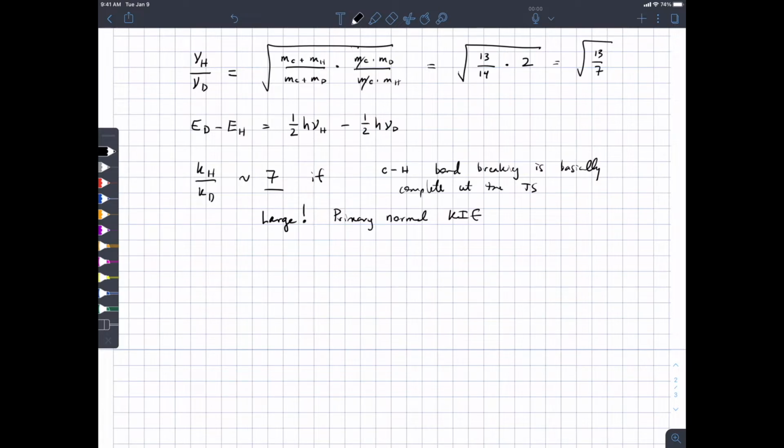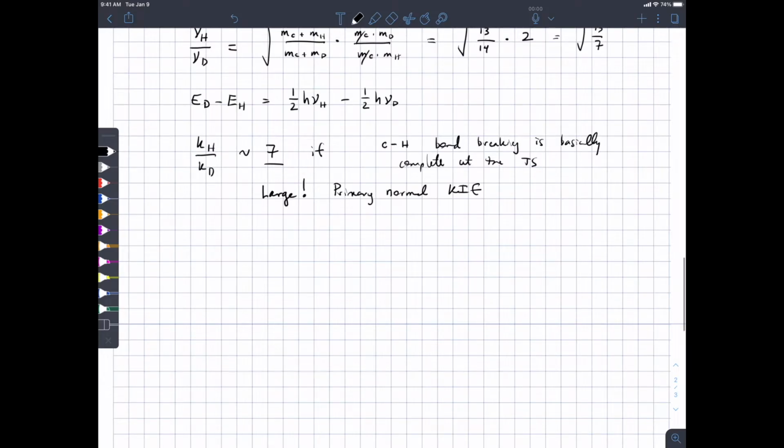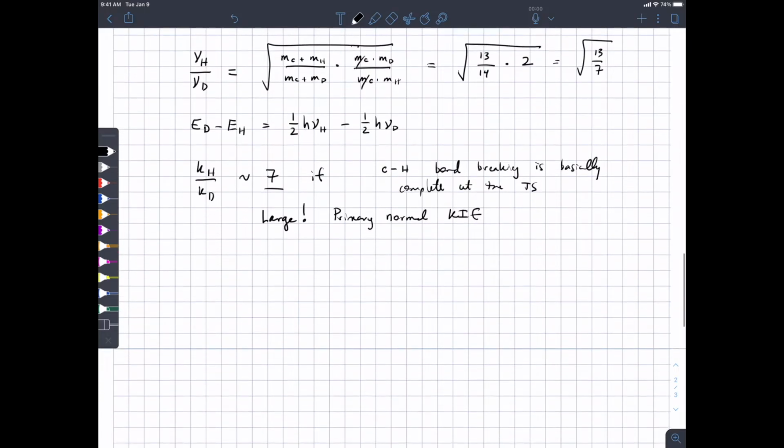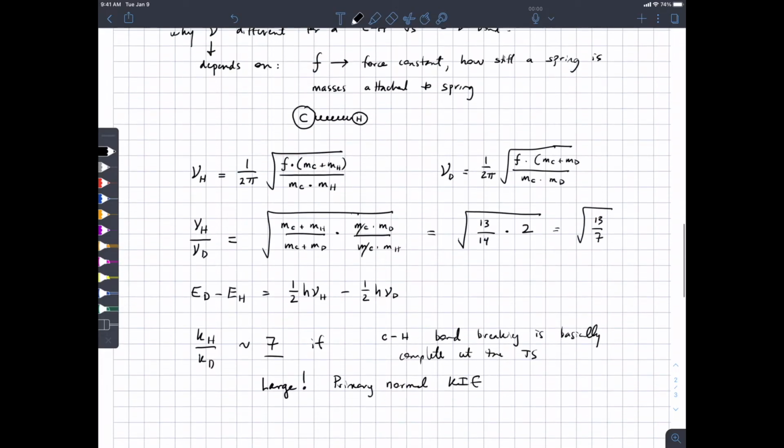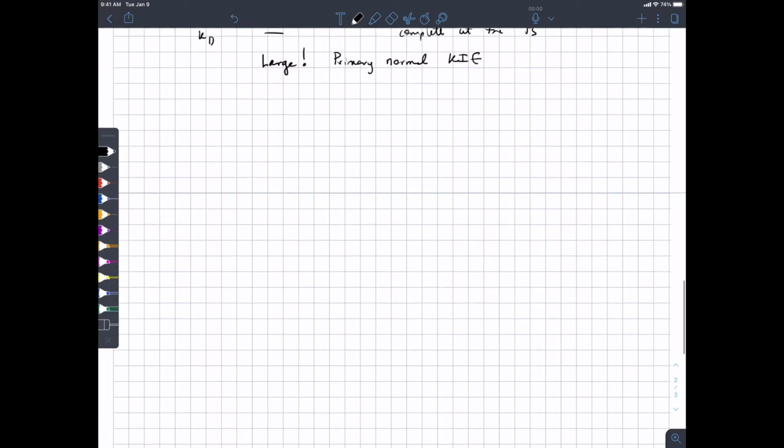So we're going to examine a few scenarios that give us a sense for when to expect kinetic isotope effects and when to not expect kinetic isotope effects. All right. Questions so far, though, before we move on? Okay. All right.